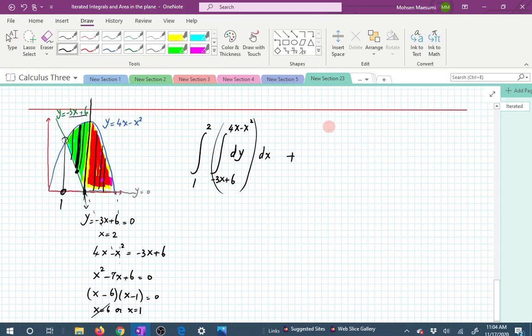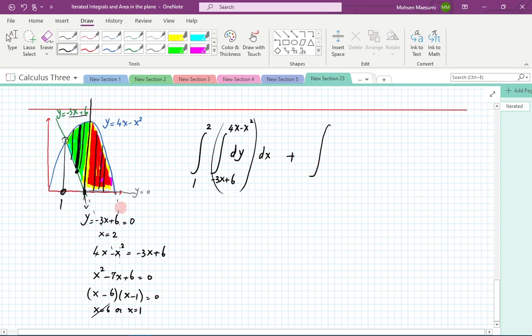So the second piece, how does it go? We are still cutting in a vertical direction, but my starting value is from 0. My ending value is still 4x minus x squared. We are going in the y direction. That's how tall each strip is. And then our starting location is 2.